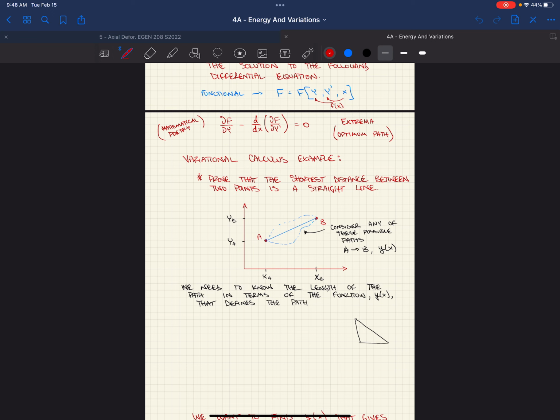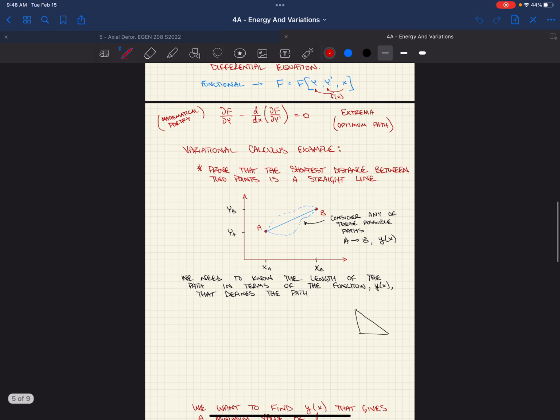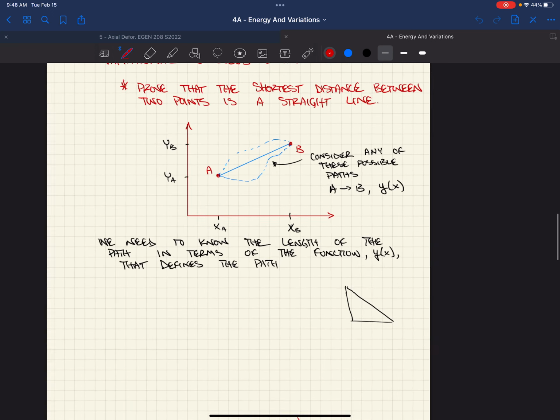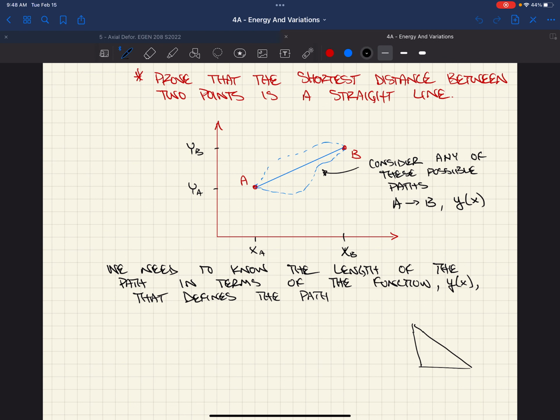And so if we start by looking at, all right, how do we define this path? We would have some sort of differential length of the path, dl. Over that length, we would have some rise, with some change in y and some change in x.